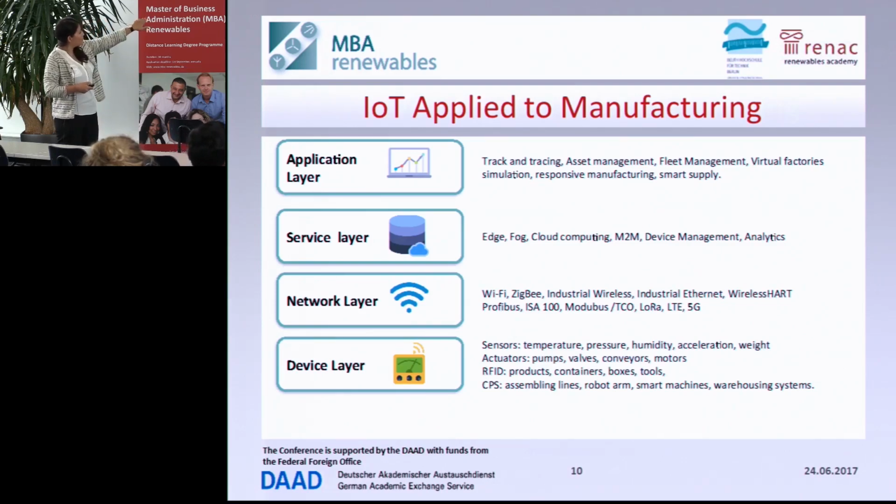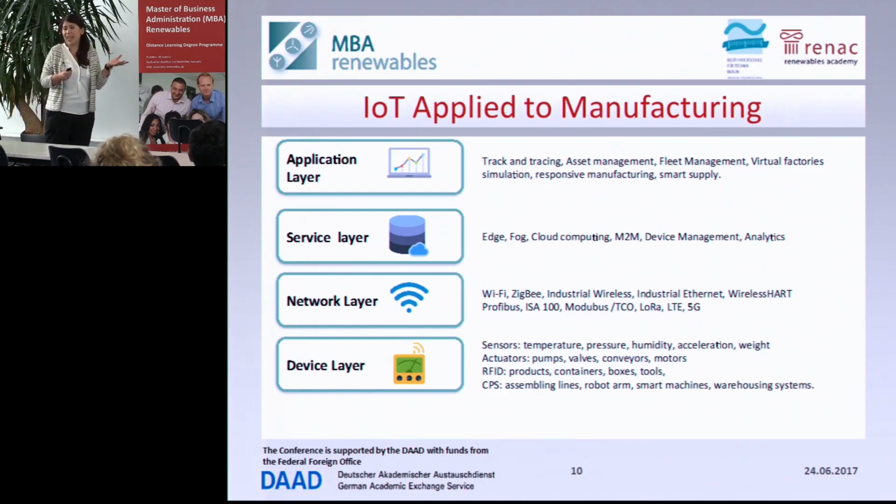You have the device layer, network layer, service layer, and application layer. In the device layer, in manufacturing, we can measure temperature, pressure, humidity, weight. We have actuators or remote devices such as pumps, valves, conveyors, motors.